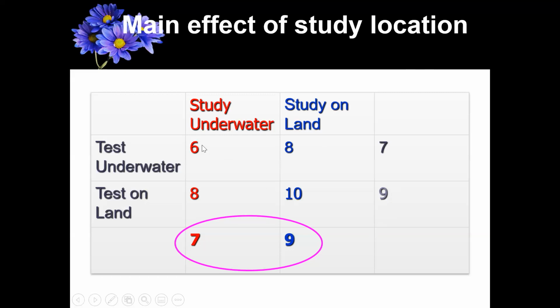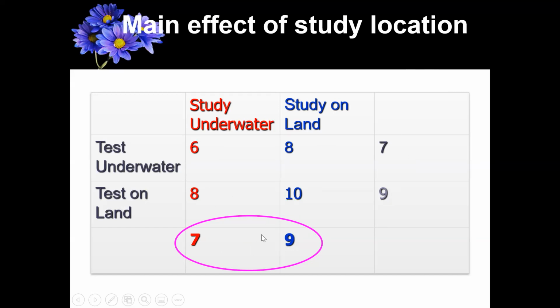This 7 is the average of these two numbers, and this 9 is the average of these two numbers. So really, when you're running a factorial ANOVA, you're just looking separately at different means.